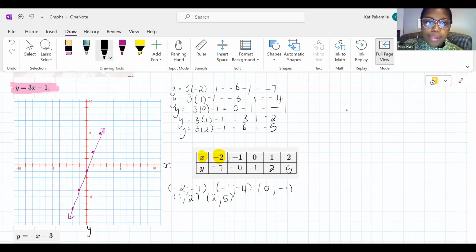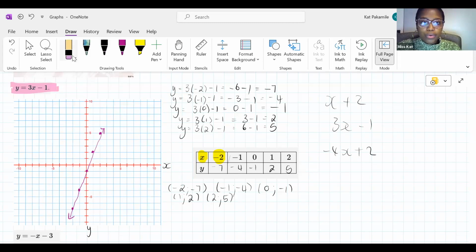If your x doesn't have an exponent, if it's just x plus 2 or 3x minus 1 or negative 4x plus 2, then it will always be a straight line. Do you get it? Yes, I get it, ma'am.